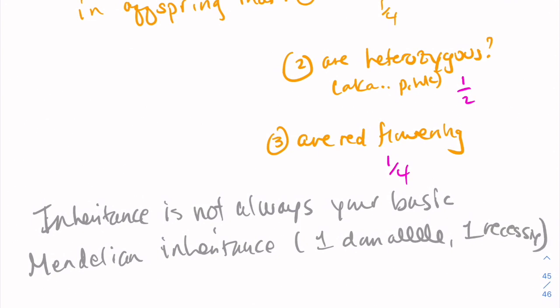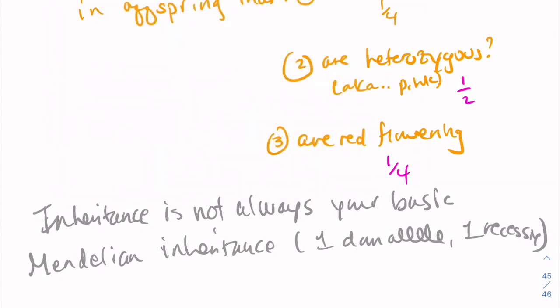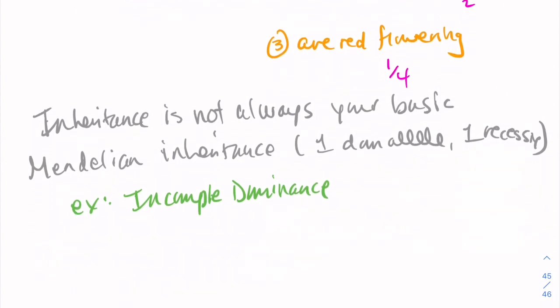All right, so examples of this are incomplete dominance. That's one example. All right. Another example. Let me number these. There's one, incomplete dominance. 2.